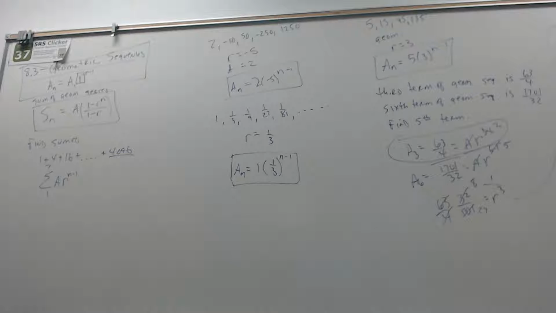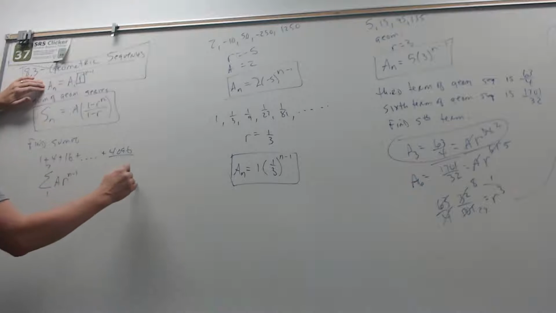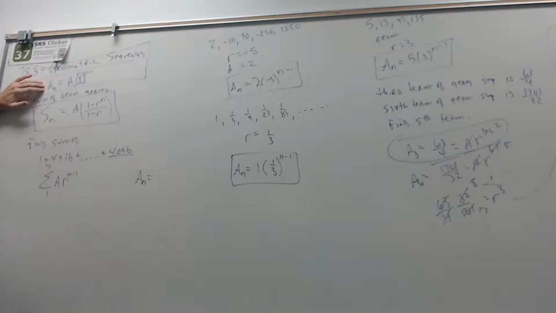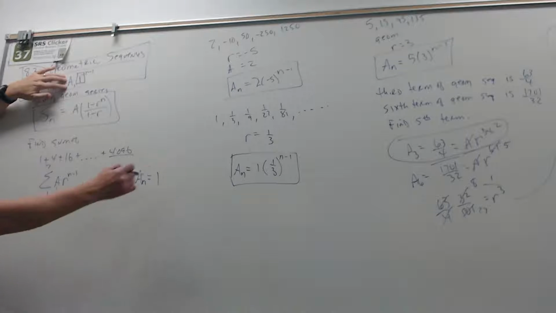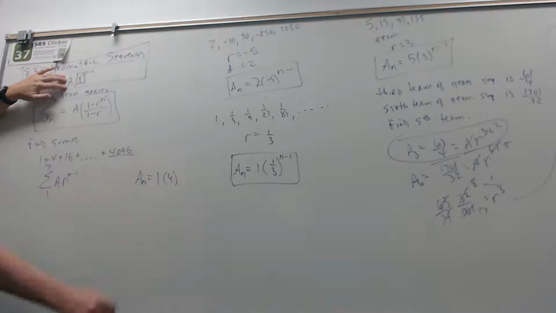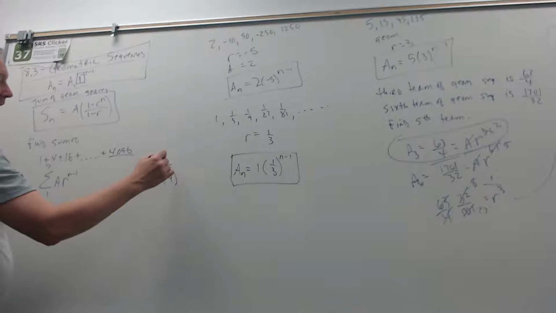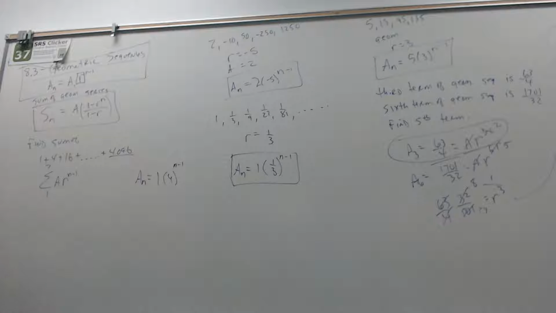How do we do that? Just divide it by 4. So we're going to use this formula right here, right? So a sub n, we don't know what n is yet, equals the first term, which is 1, times your common ratio, 4, to the n minus 1 power.